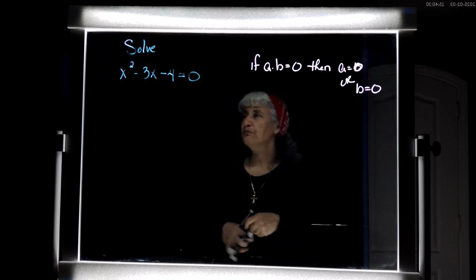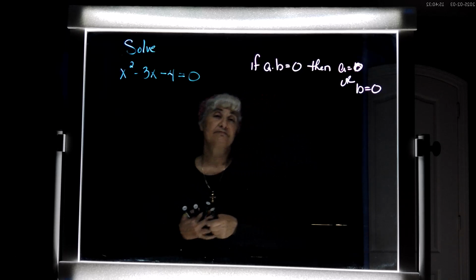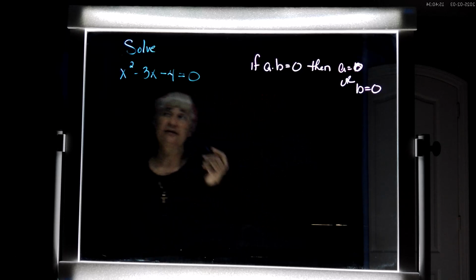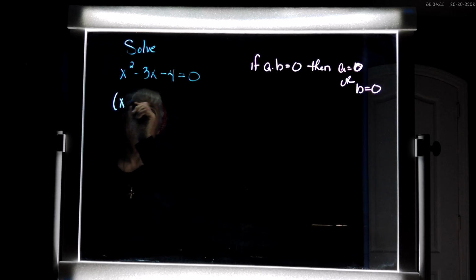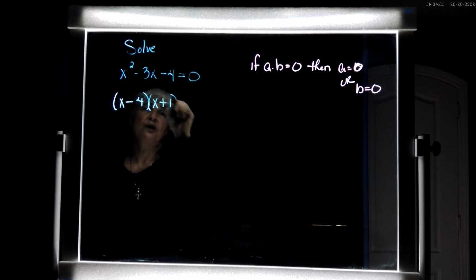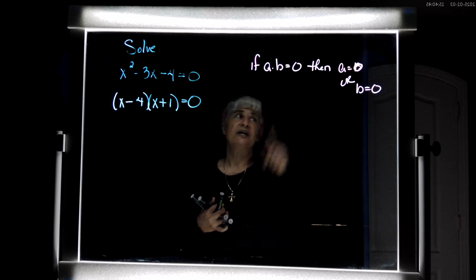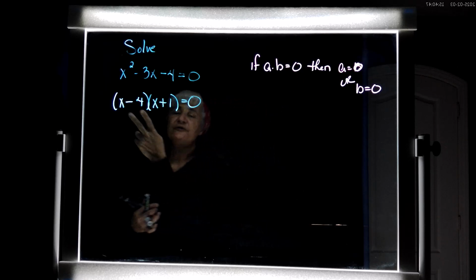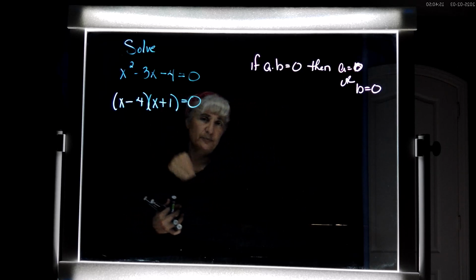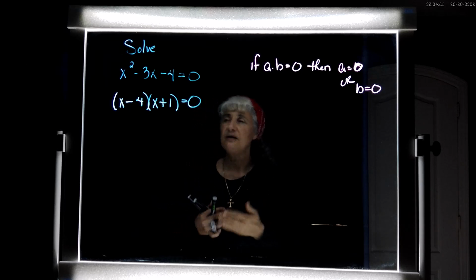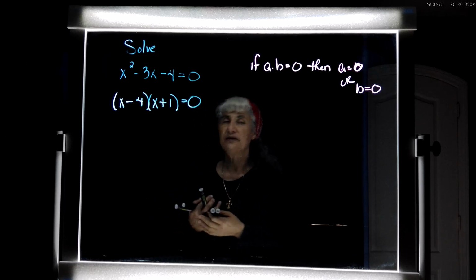Okay? All right. So this one factors, and it's quite nice to factor. We end up with x minus 4 times the quantity of x plus 1, and that equals 0. So if A times B, well, the first parenthesis would be A, the second parenthesis would be B. There's multiplication in between them.